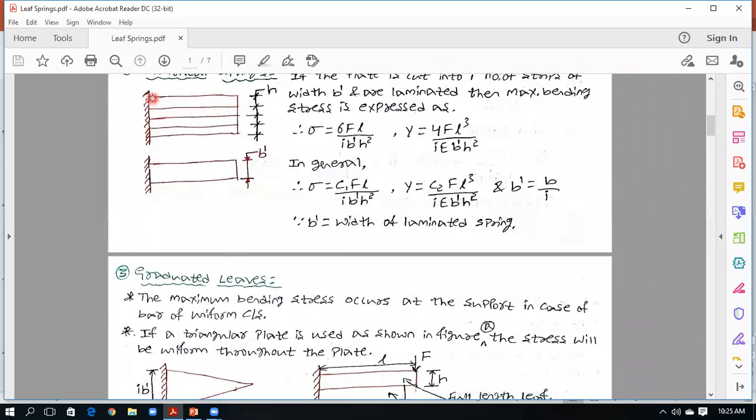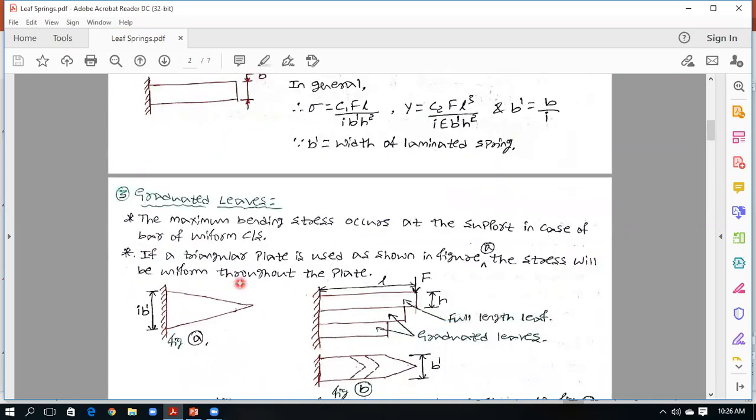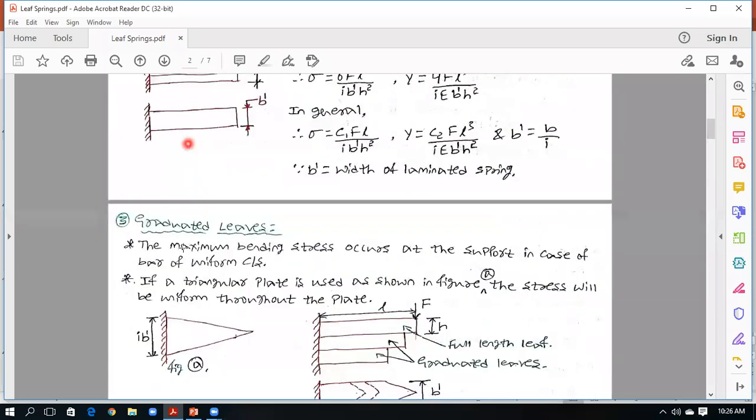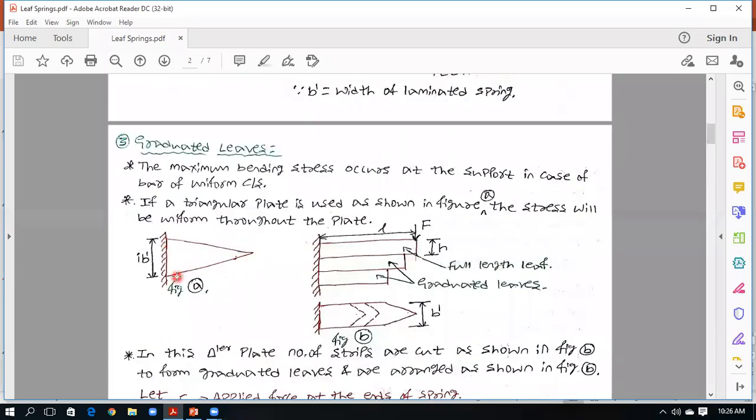The maximum stress will be acting at this point, and if the member fails, it will fail at this particular point. To make the stress uniform throughout the leaves, they will go for graduated leaves. How it is constructed: instead of taking a flat cross section, they will take a triangular plate.